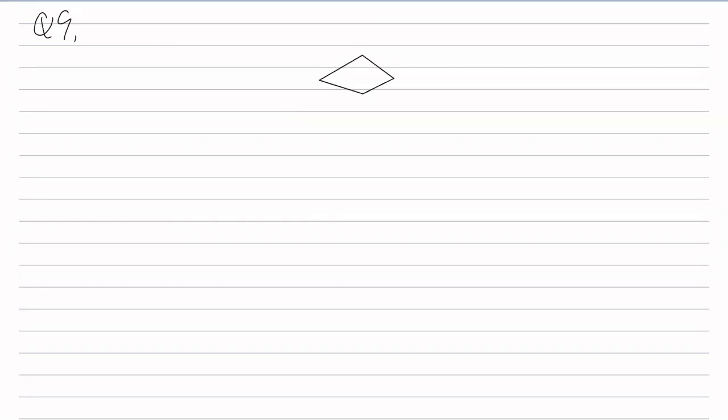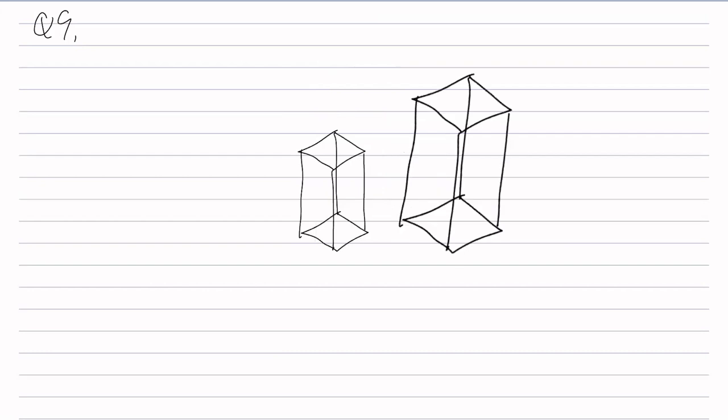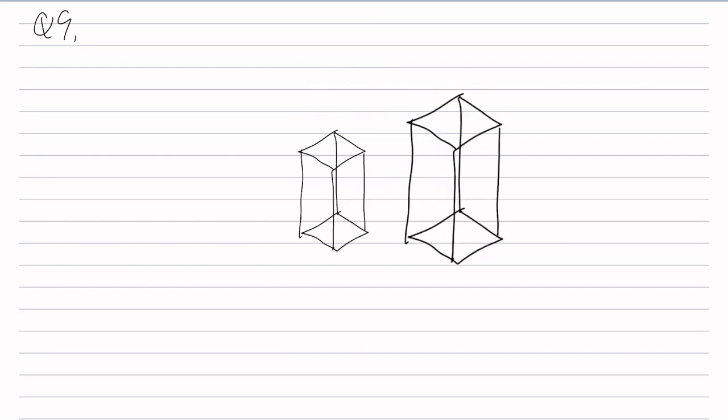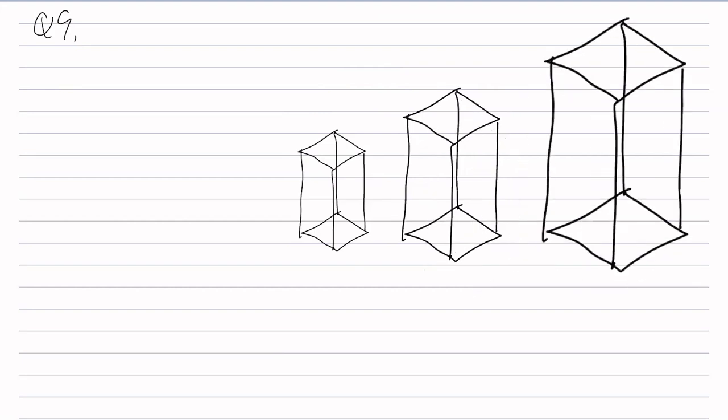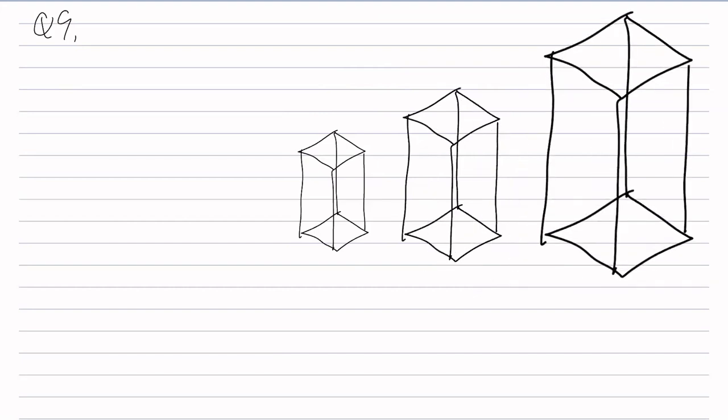First step, you should always please draw a diagram. So let me just draw it for you for the sake of time. This is a cuboid. What they're telling you is that the height is 8 cm, and the cuboid is growing. Can you see? The square length is growing longer and longer.